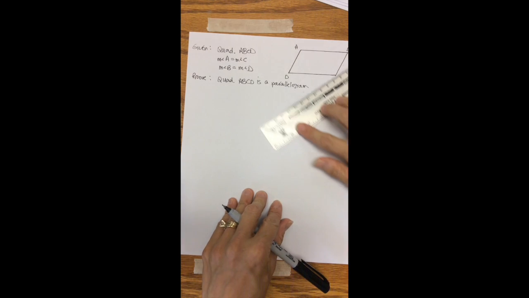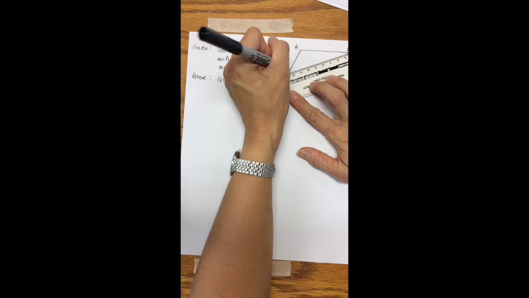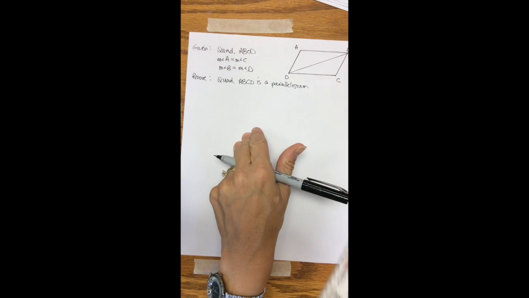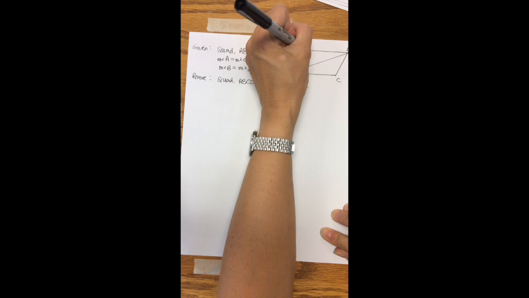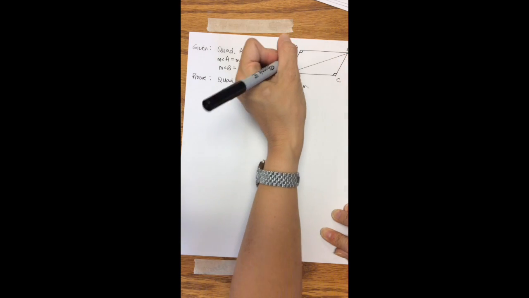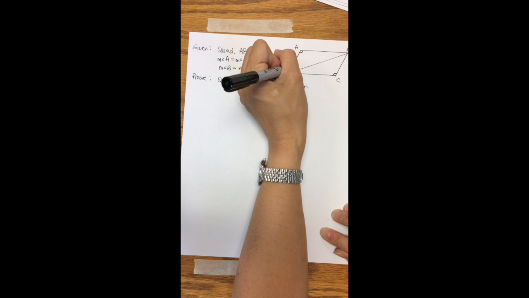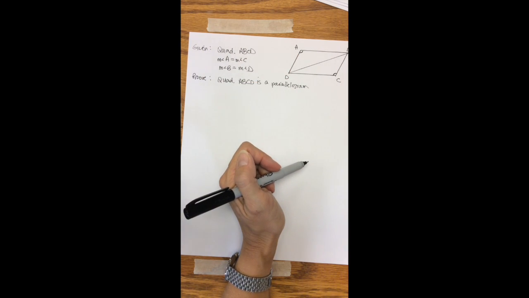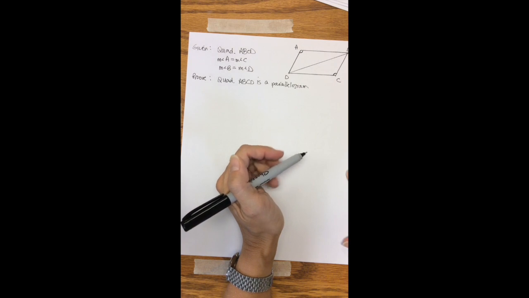So I've labeled them. I'm going to go ahead and draw a diagonal, just like we did the first time. Okay, we mark that angle A is congruent to angle C, and we know that angle B is congruent to angle D. I'm going to throw some letters in here to help us a little bit.